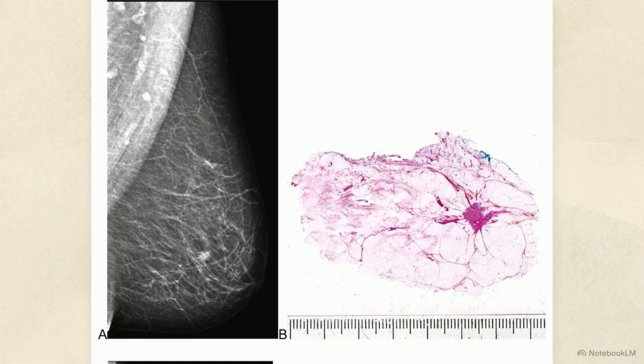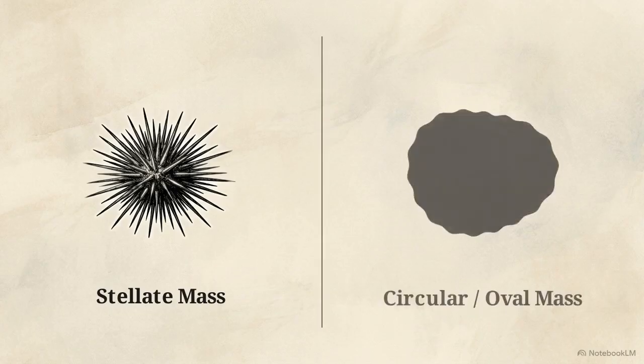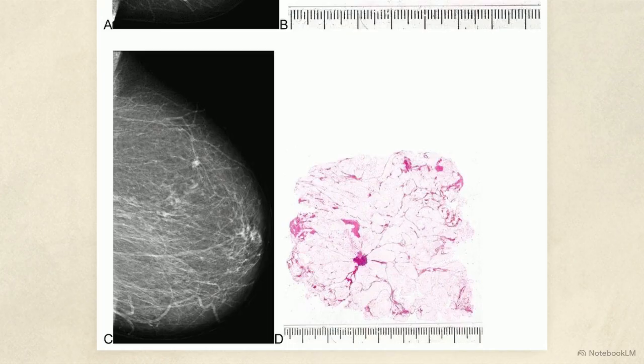The spiky radiological silhouette in panel A is a 1-to-1 reflection of the physical tissue reality shown in the cross-section of panel B. The secondary imaging biomarker for invasive AAB is a circular or oval-shaped tumor mass. Moving down to panel C and D, we see a clear demonstration of this circular tumor morphology. The convex microlobulated contour visible on the mammogram is identical to the physical boundaries of the underlying tissue section.